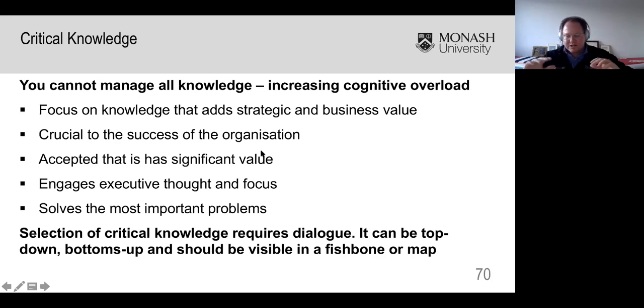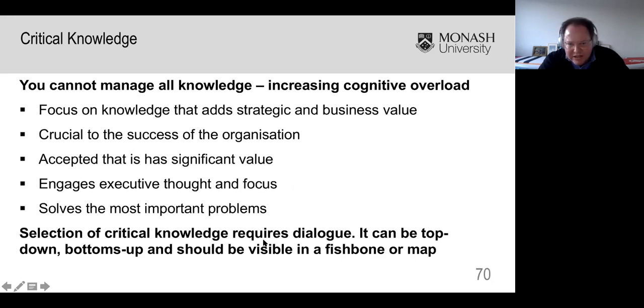So if your solutions from the knowledge perspective are already too detailed, this often becomes quite difficult for projects to pull because they may not follow the same reasoning. So that is the whole notion here of what is crucial for the success of an organization: that you reduce the cognitive overload, and that the knowledge is accepted, has significant value, engages executives through thought and focus, and solves the most important problems.